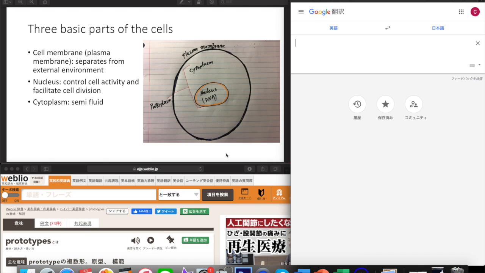Semi-fluid means the cytoplasm is like a jelly-like substance for the cell. This jelly contains a lot of chemicals.